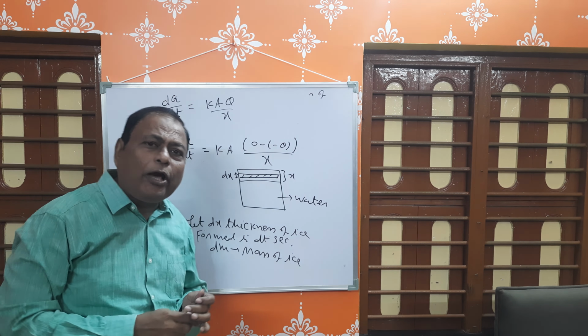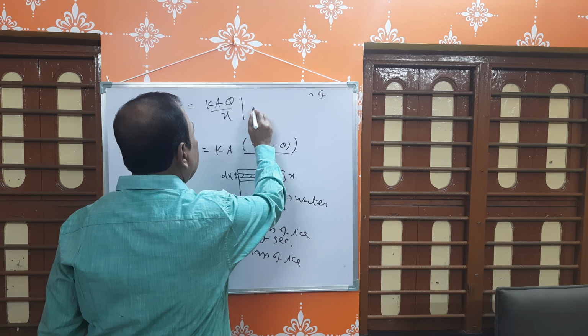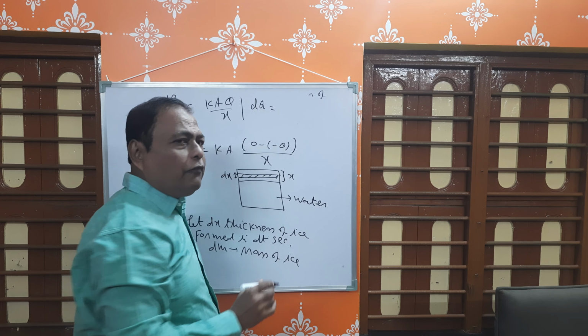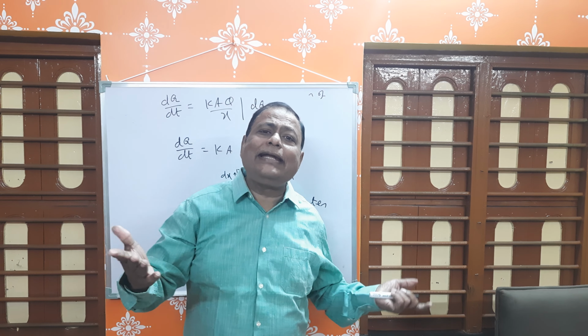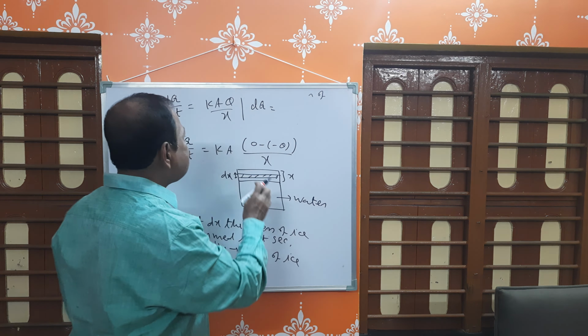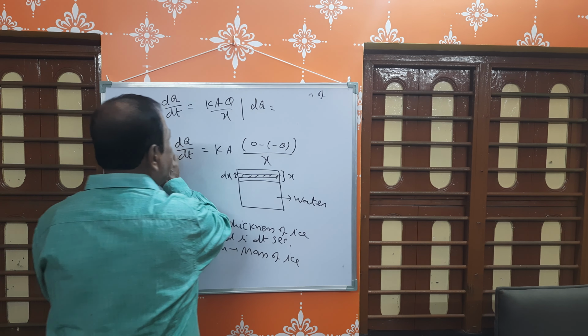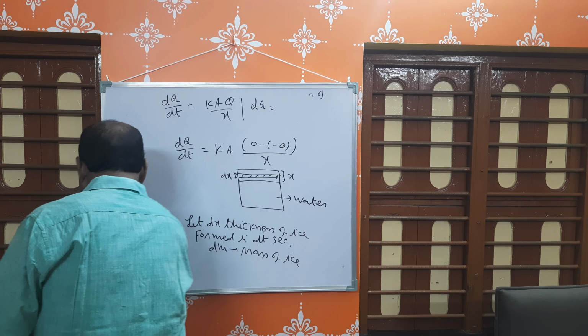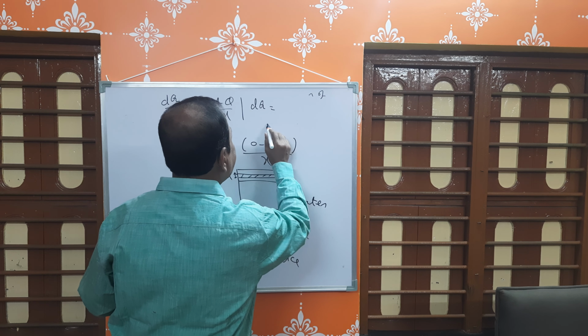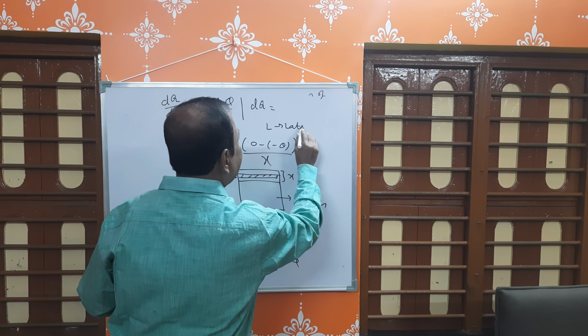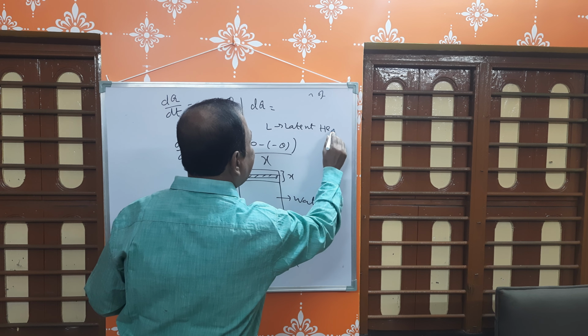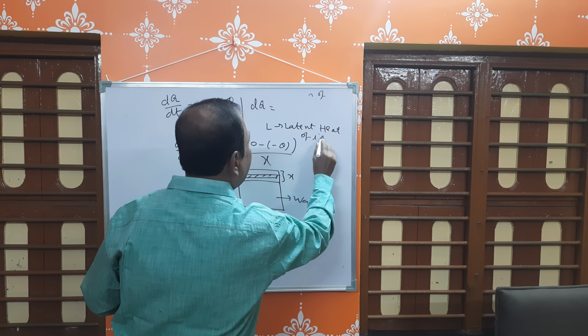Now how to find dq? You know, for ice formation the latent heat L is involved. I consider L as the latent heat of ice.